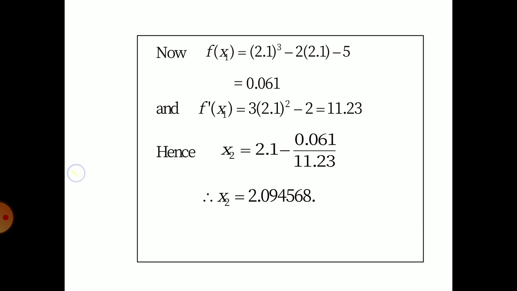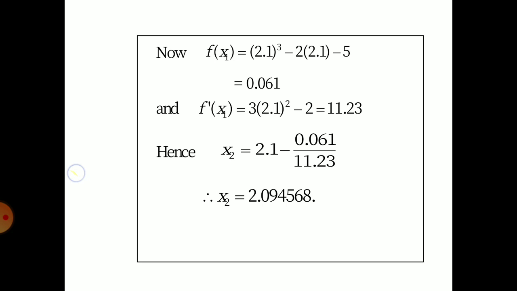You can simplify these, calculators are allowed, and after simplifying you must get the second approximate root x2 equal to 2.09456. In this manner we can obtain approximate roots or approximate solutions of a given equation by using the Newton-Raphson method.